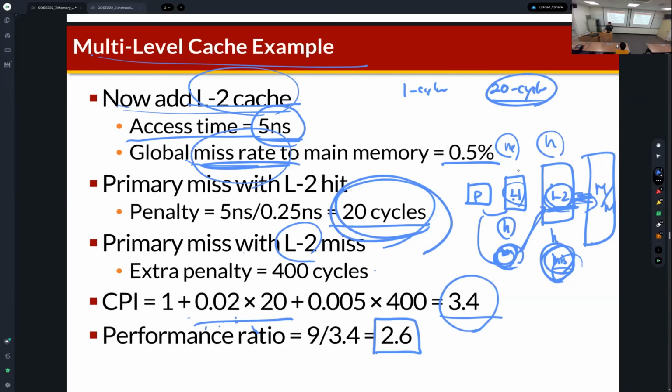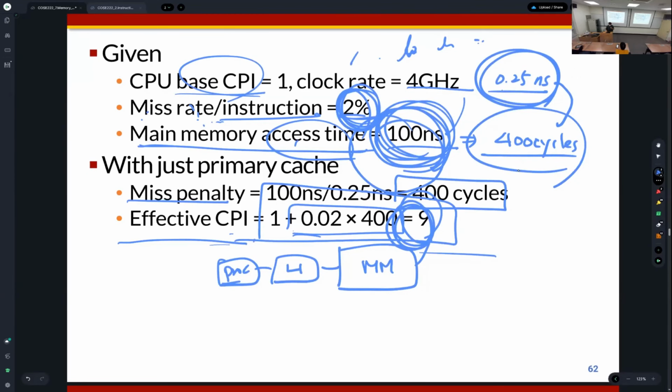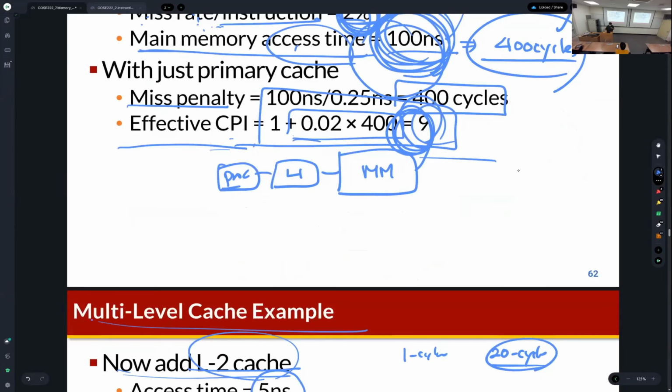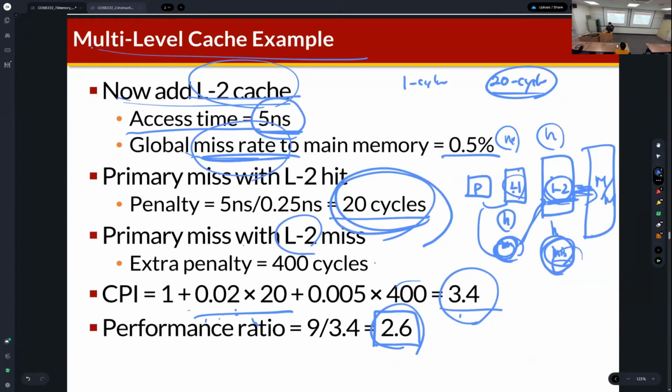So if we use the multi-level cache, the speedup is 2.6. If we use only one level of cache, the effective CPI was 9, but it's reduced to 3.4. So the speedup is 2.6. Okay, so this is the benefit of the multi-level cache.